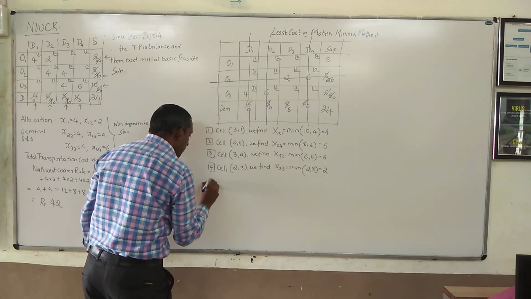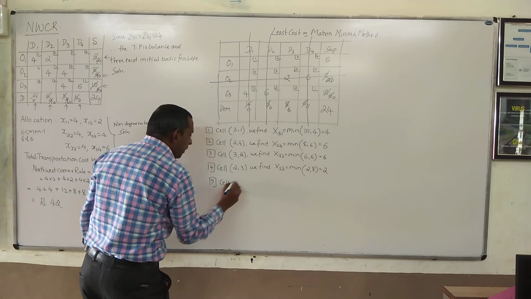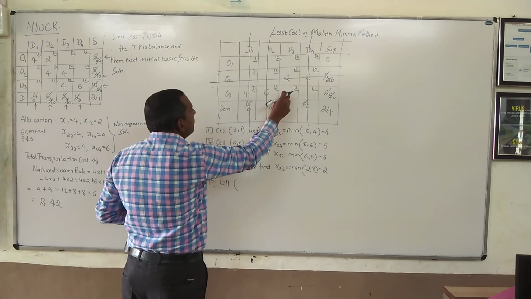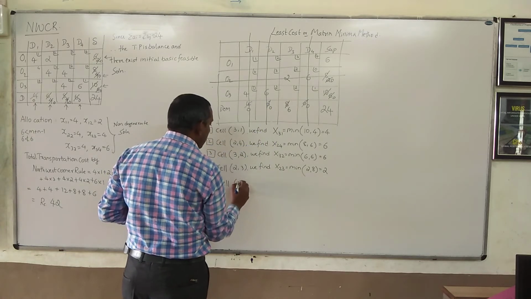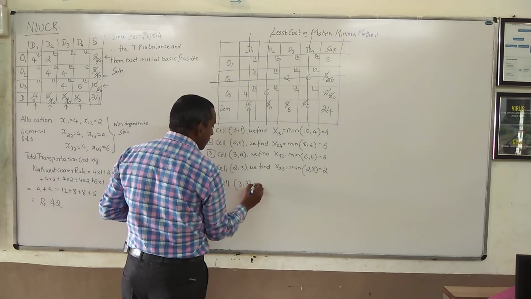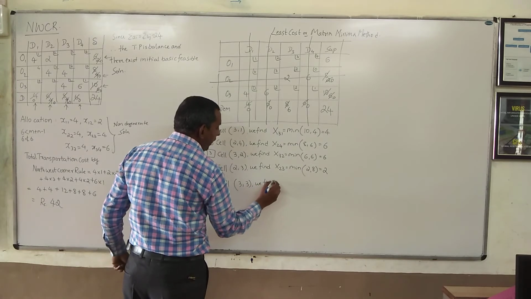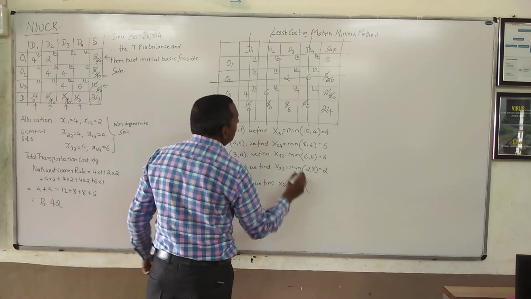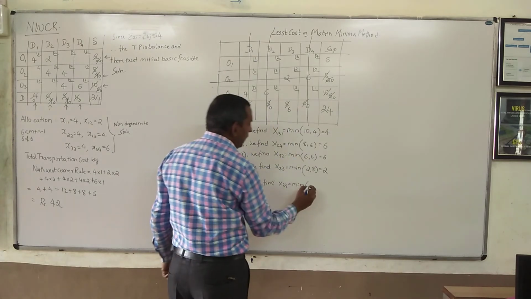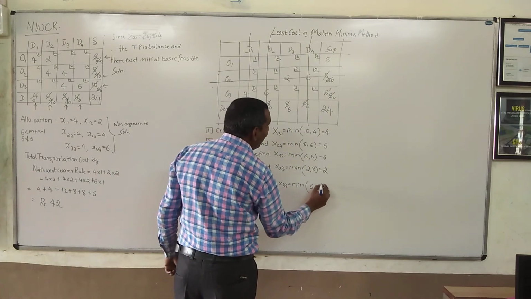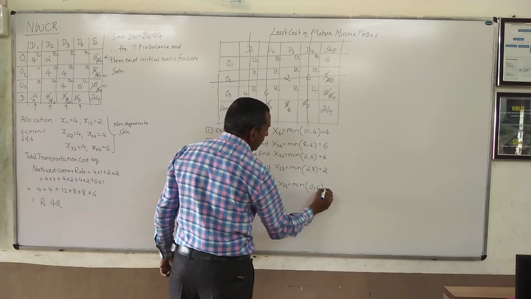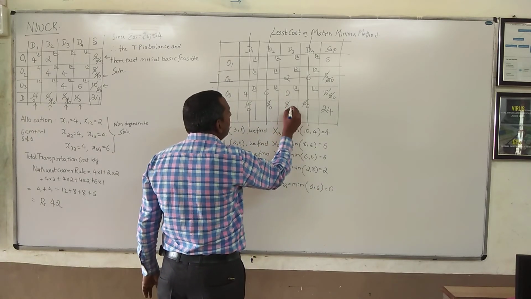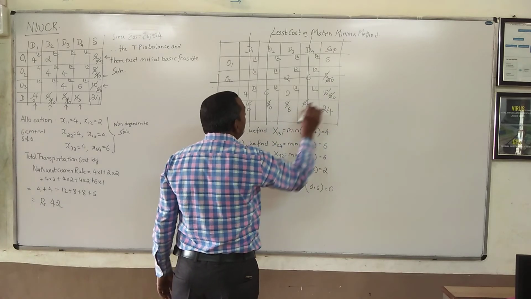So the fifth allocation. There are only 2 remaining here. So this is the minimum. So it is done in the cell 3, 3. So we find x33 minimum, that is 0 comma 6. It is 0 here. So let me write 0. It will become 6 only, and this is 0.